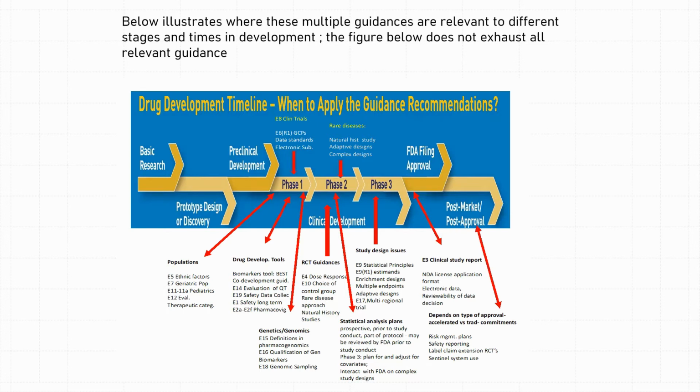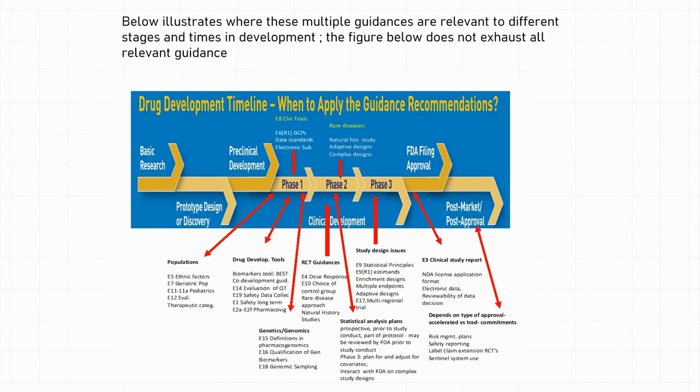So these lines and arrows show where different guidances come into play in phase 1, phase 2, and phase 3, and in post-market, post-approval areas. So these are not extensive.